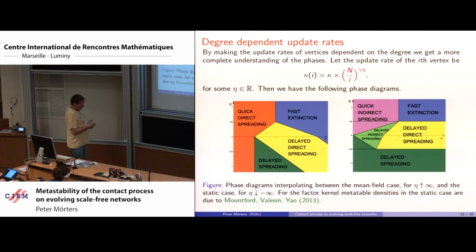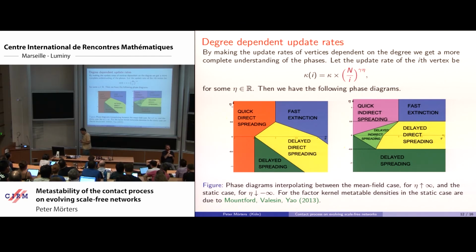And there is a long theorem which gives you all the metastable exponents for these situations, and I'm not showing you the theorem, but just the phase diagrams that are behind this. Okay, so let's look at the left picture. That corresponds to the factor kernel case. On this axis here is tau, that's our power law exponent, passing from 2 at this point to infinity. And on this axis is eta, which shows how the update rate is speeding up.